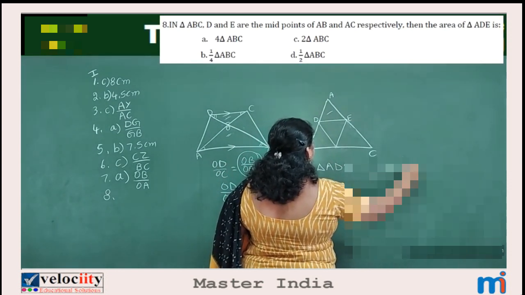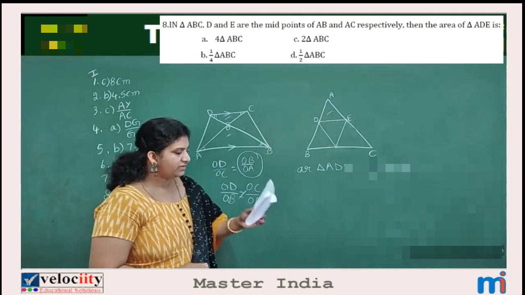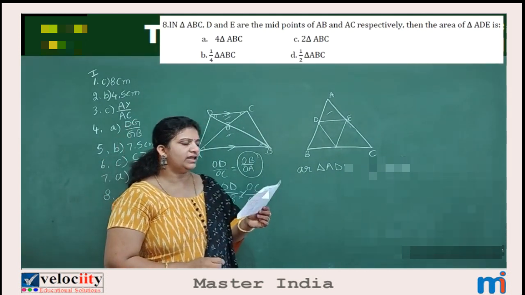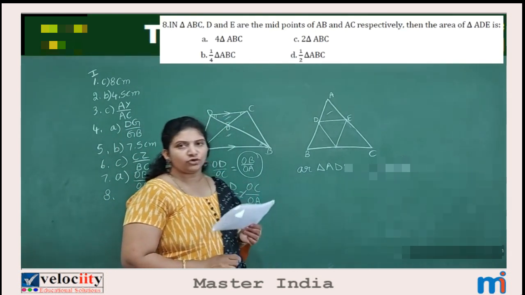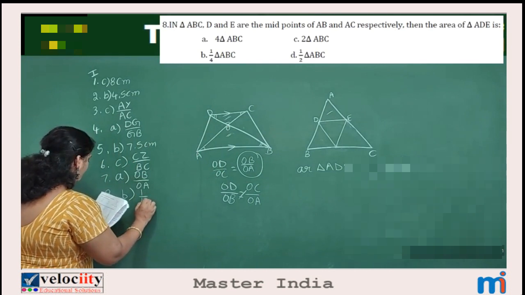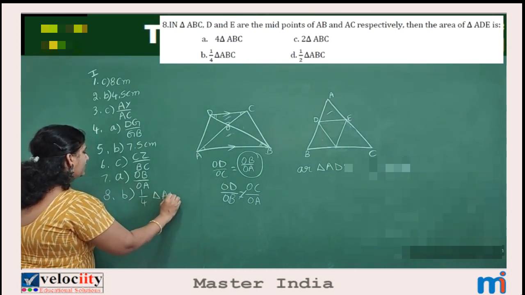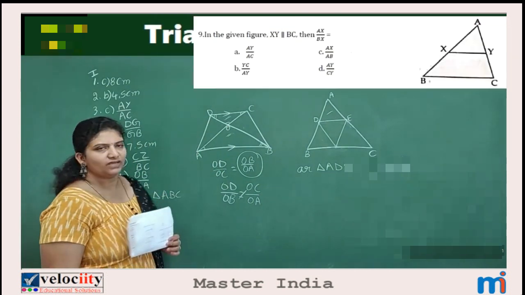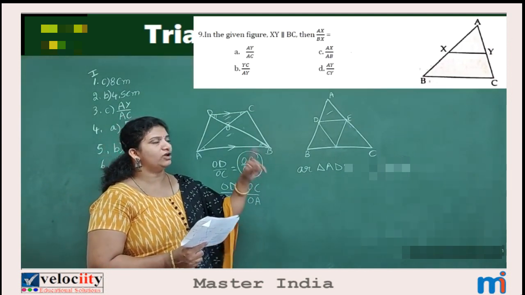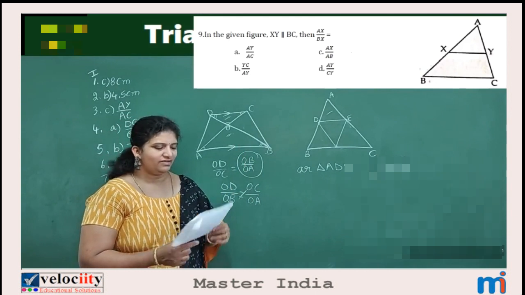Check for the answer here. 1/4 area of triangle ABC. That is your option B. Area of triangle ADE is equal to 1/4 area of triangle ABC.